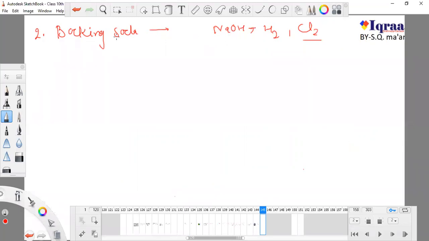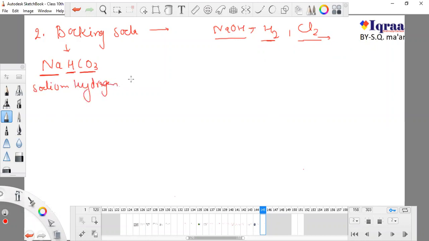We will form this baking soda from these three products. So what is baking soda? It is NaHCO3. Do you remember? Sodium hydrogen carbonate.